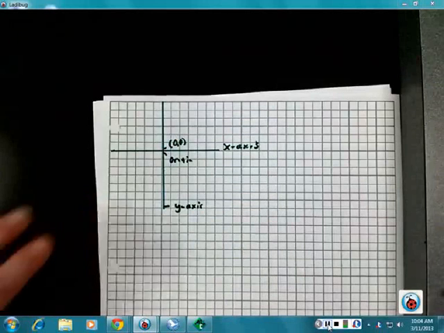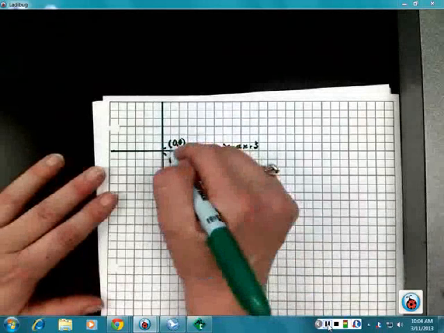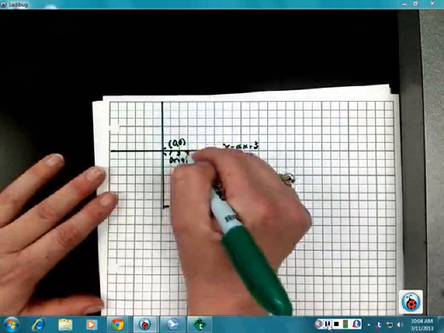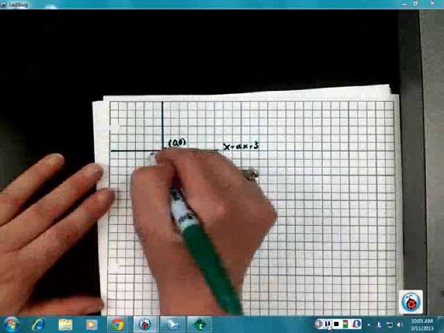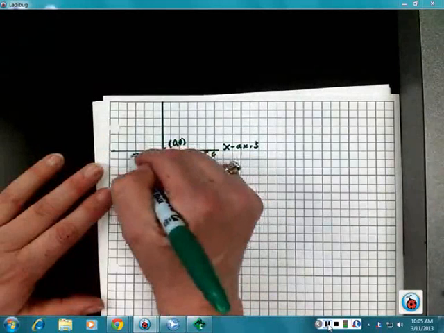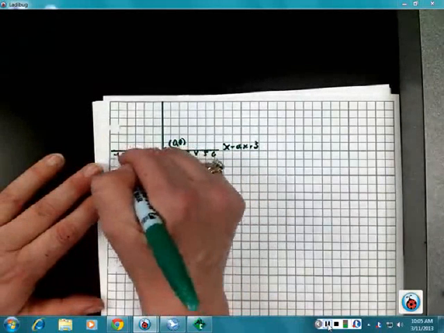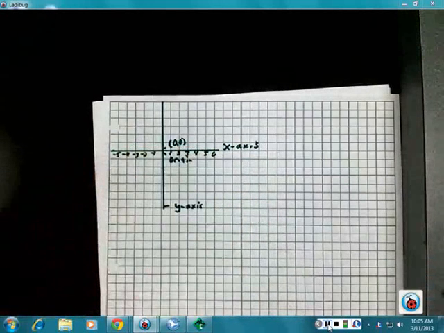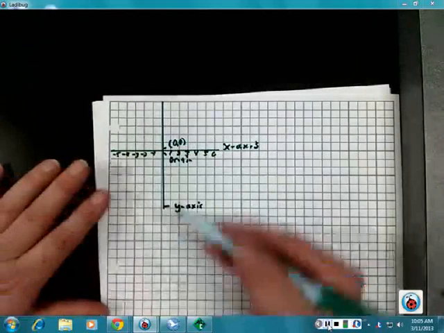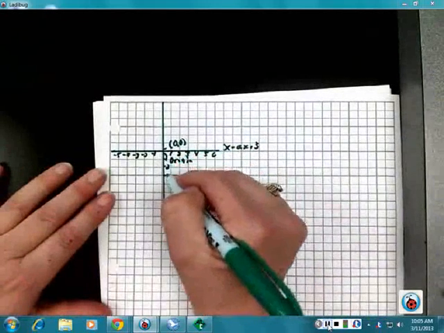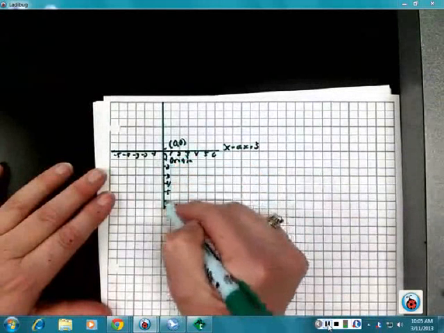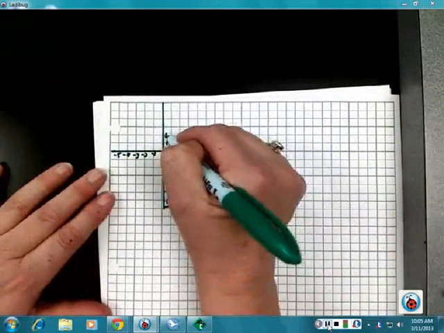So it's where the two lines end up crossing each other. It's like having two number lines because x is labeled 1, 2, 3, 4, 5, 6. The opposite direction is -1, -2, -3, -4, -5. So one's a positive direction, one's negative. At y, same thing, it's negative going down, and it's positive going up.